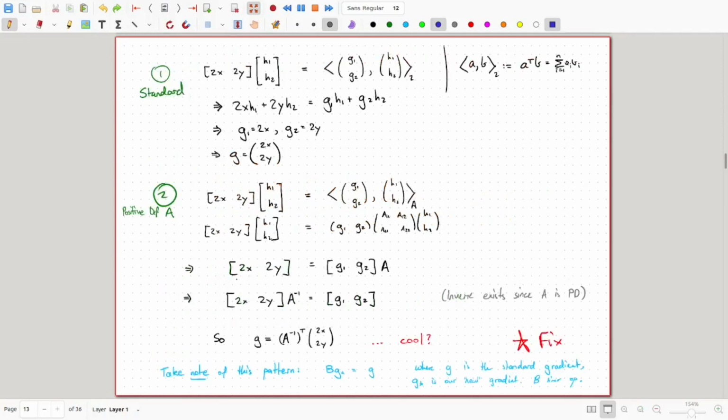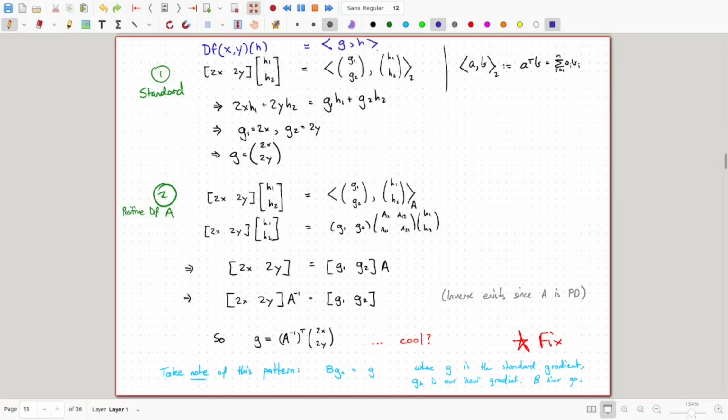Okay. So let's first do the standard case. If we write down our derivative, this is df at xy, evaluated at h, on the left-hand side. And we're setting this equal to the inner product between g and h.